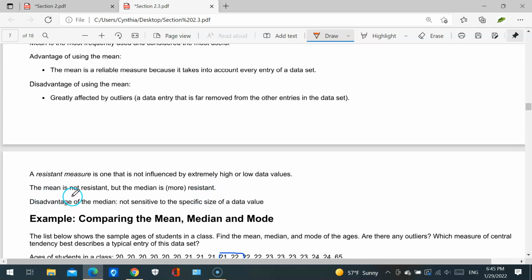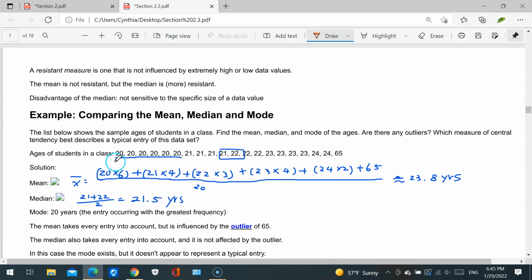However, the median is not sensitive, because when you have a lot of outliers in your data set, the median will not represent it very correctly. So it's not sensitive to the specific size of the data values.